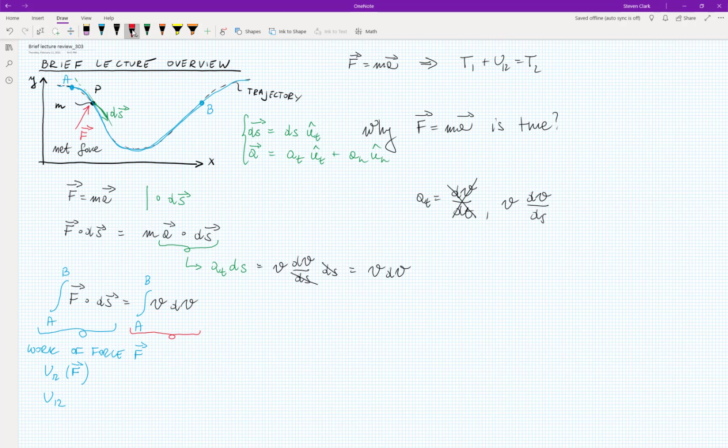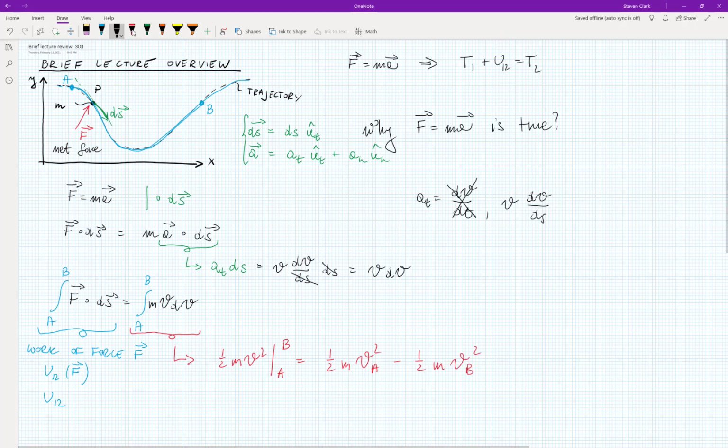I think I forgot about m. Yes, sorry, mv. So in here we must integrate. We will end up with 1/2 mv squared from point A to point B. And this will be equal to 1/2 mvb squared minus 1/2 mva squared.